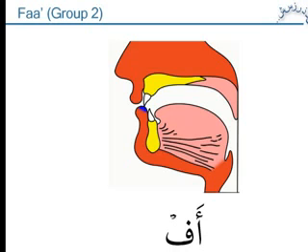In this case it's going to be "af, af", and you should really be able to feel your upper teeth coming together with the inside of your bottom lip. By pronouncing it with the sukoon, you can really tell which parts of your mouth are being involved. So say "af".